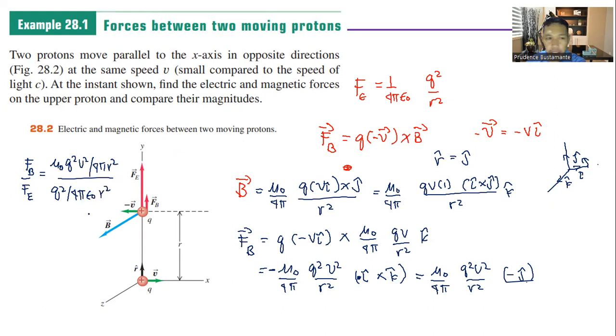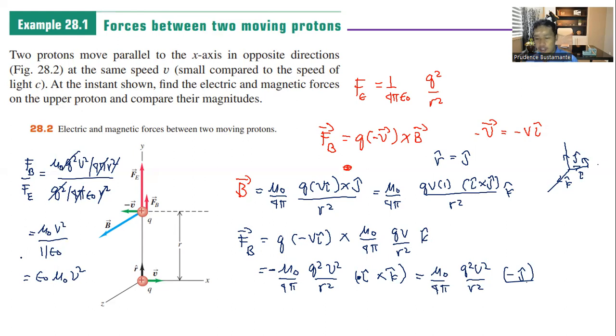Several things will be cancelled: the Q squared, and also the 4 pi and R squared. So mu naught V squared over 1 over epsilon naught is equal to epsilon naught mu naught V squared. That is the ratio of the magnetic and electric force.